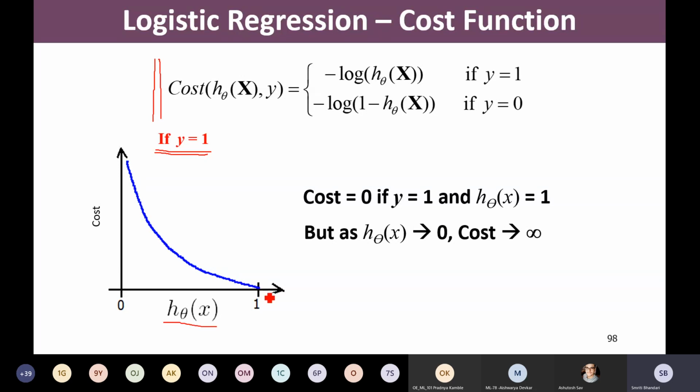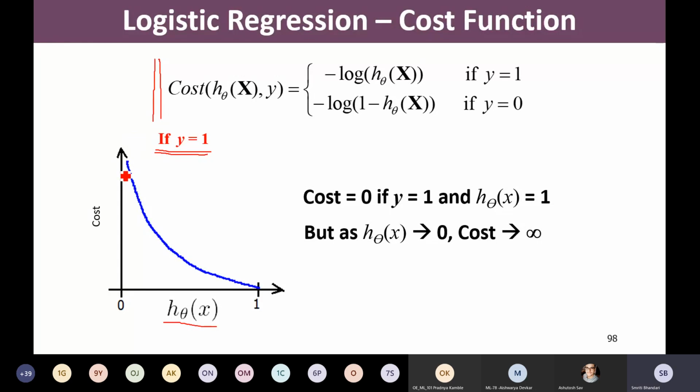If h theta x tends to 0, so if my h theta x is moving in this direction, if it approaches 0, then what is happening? Just look at the nature of this curve. The cost goes on increasing, and ultimately when it approaches 0, it becomes infinity.